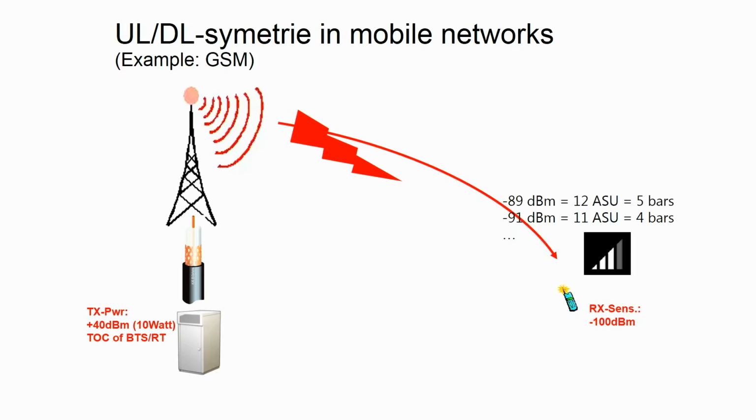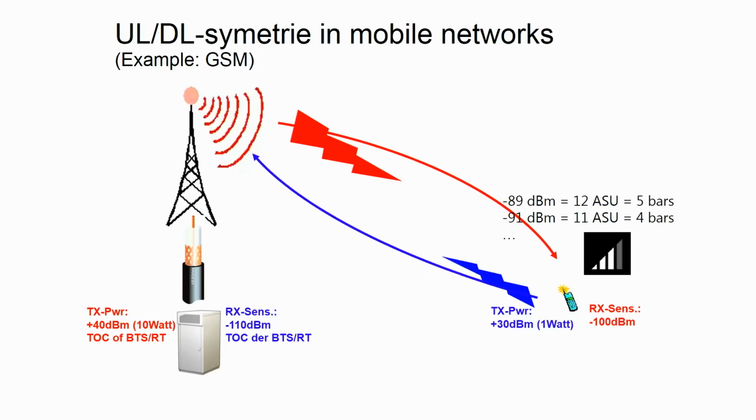But it cannot send back with 10 watts. Maybe it sends about 1 watt. And this difference needs to be compensated somehow. I need to make that symmetric again. And we can do this with an increased receiver sensitivity.